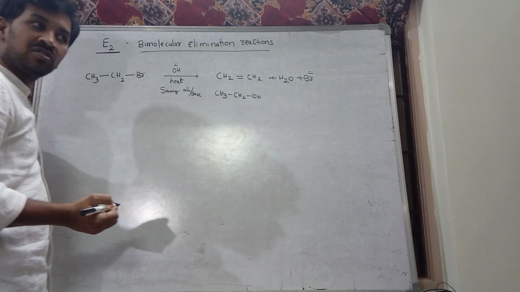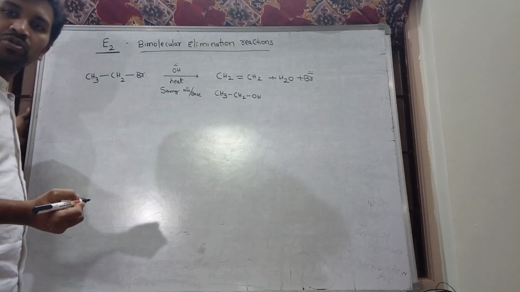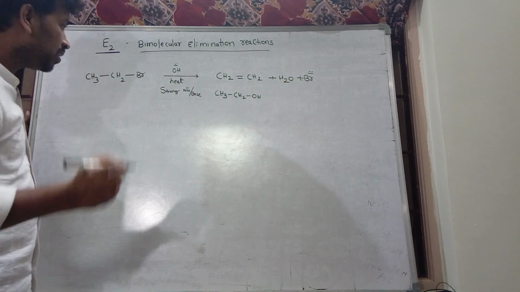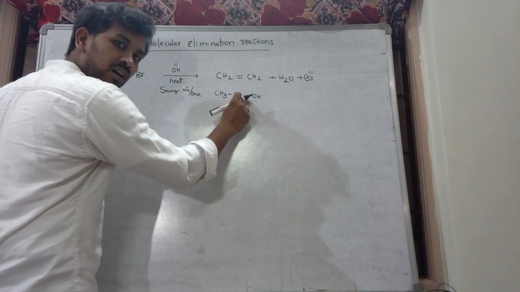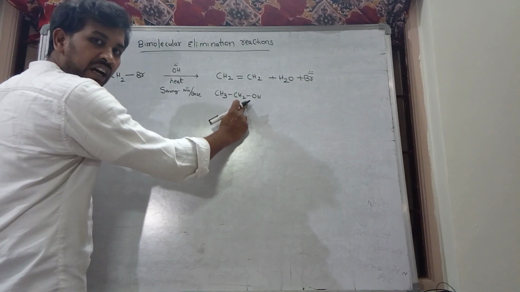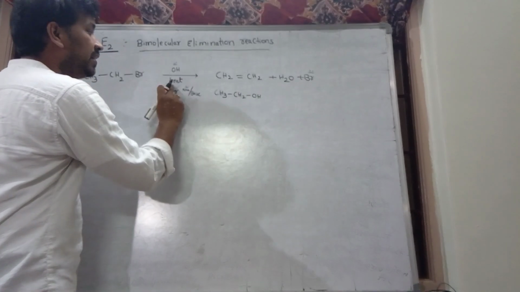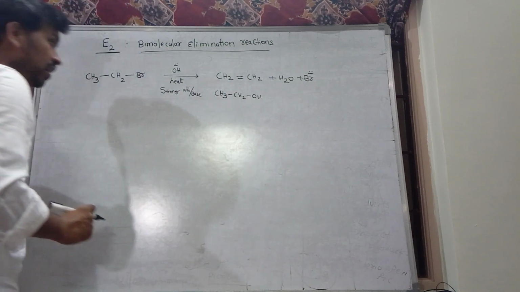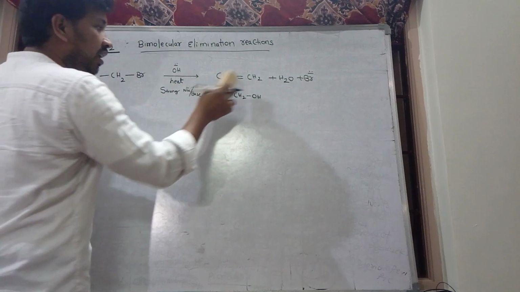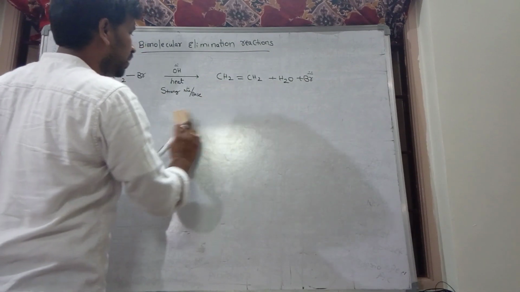It can act like a strong nucleophile and also a strong base. So at low temperatures nucleophilic substitution reaction will take place, but at high temperatures elimination reaction will take place. That is why, with heat, elimination reaction will take place.